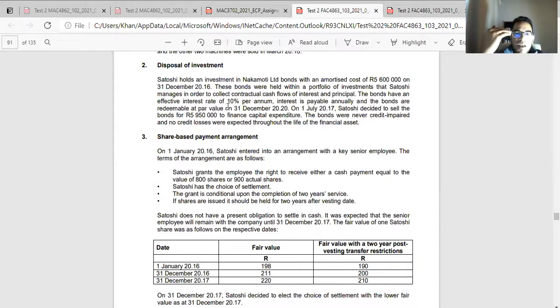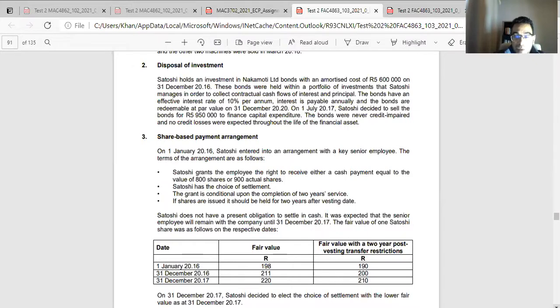So the 5.6 plus 6 months of the 10% interest earned will be capitalized, and it will be our amortized cost at 1 July 2017. So we'll get rid of the asset at the amortized cost amount at 1 July 2017. Any difference between the amortized cost amount and the bank amount would basically be a gain or loss on disposal. But when we do the question, you will see it.